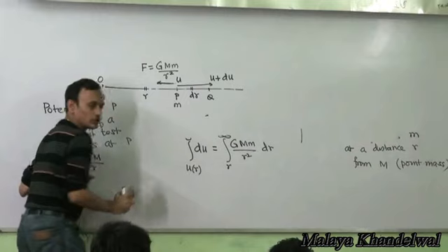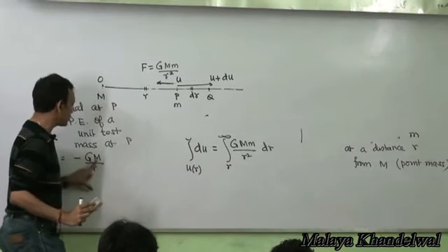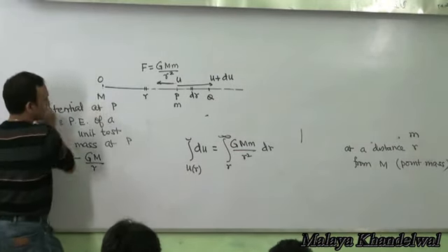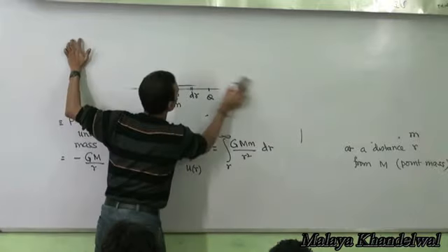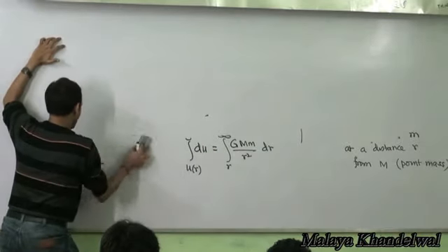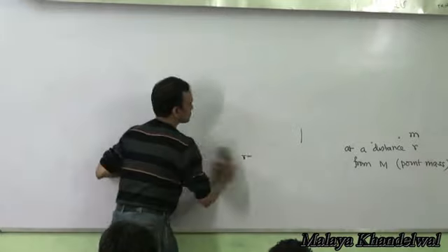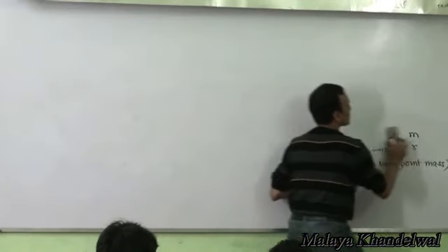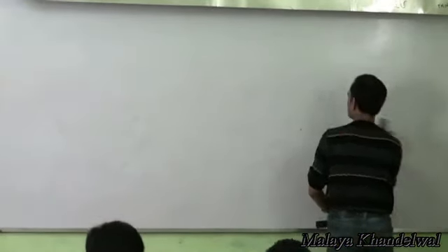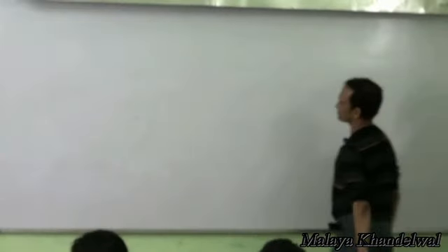So, this fact you understand: potential at a distance r from a point mass capital M is this, which is the potential energy of a unit test mass. Sometimes some people prefer to define potential at a point as follows.